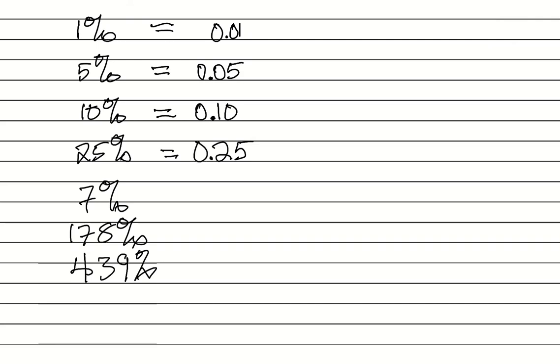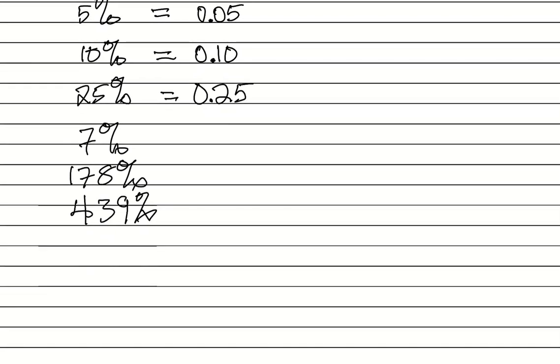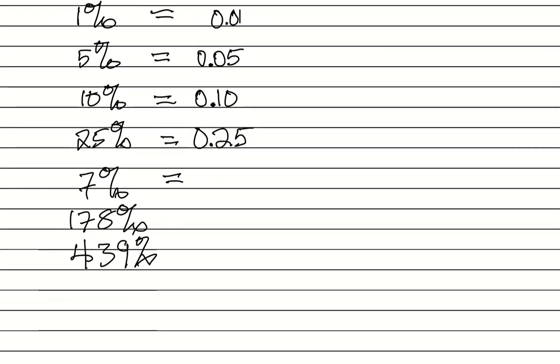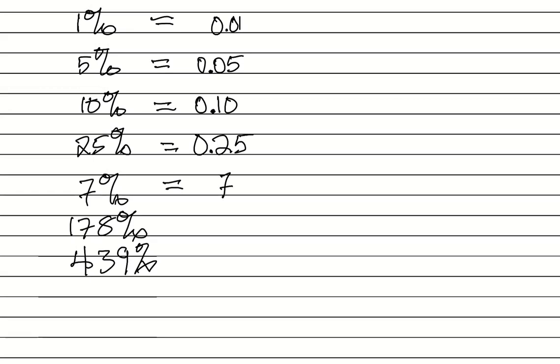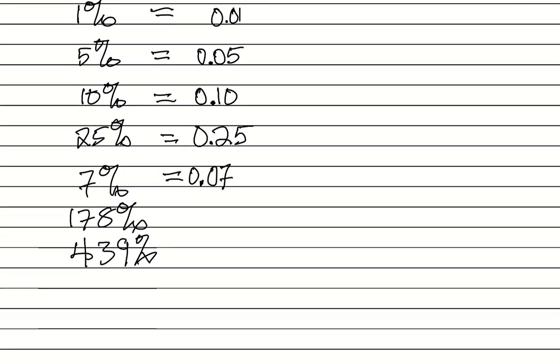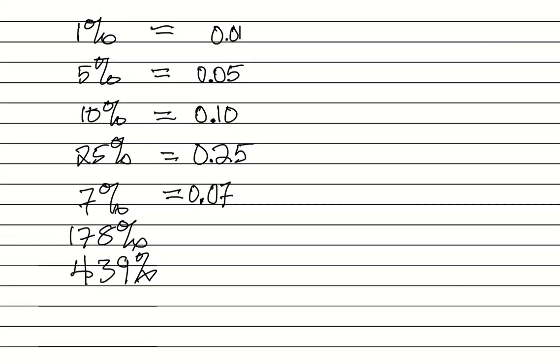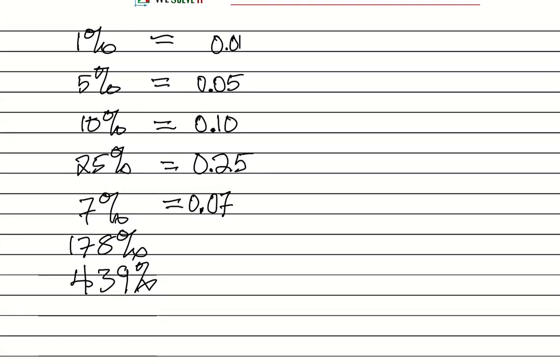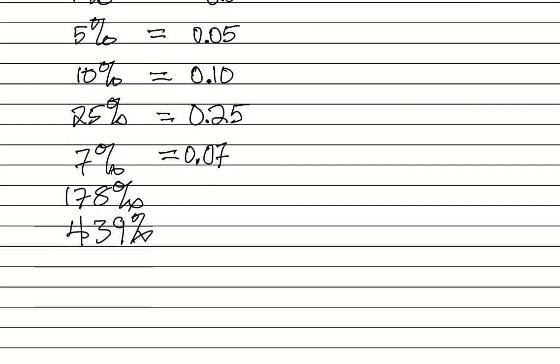So it's 0.25. What about 7%? 7% is like 5%. You write it down here, but you have to put 0. You can put 0 in the front. If you remember, it's two places to the left, because we're dealing with 2 zeros when it comes to percentage.